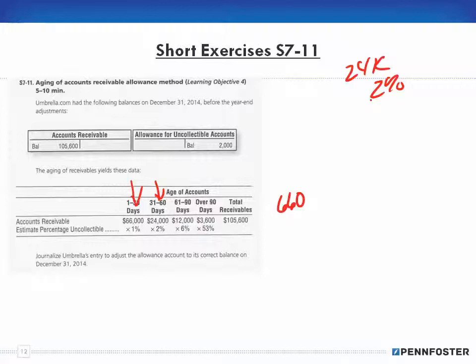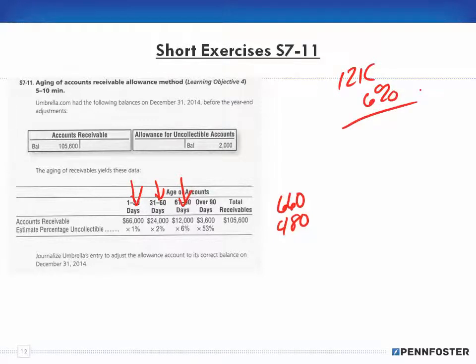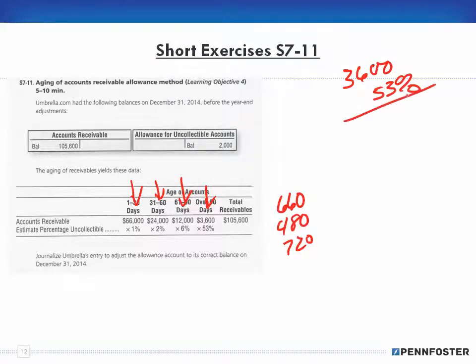So 24,000 times 2% is $480. 61 to 90 days, 12,000 at 6% is $720. And the over 90 is 3,600 at 53%, which is $1,908. So when we add those all up, I get $3,768.